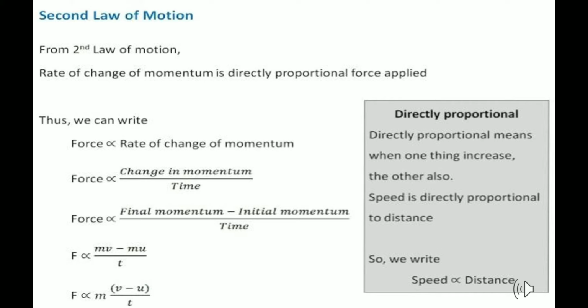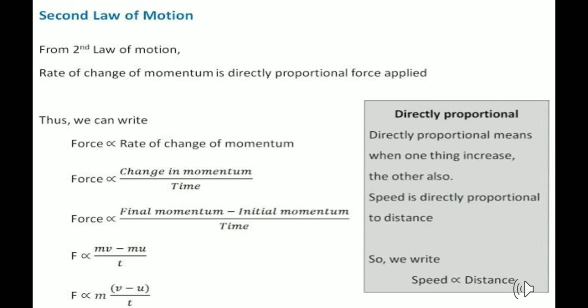Okay, so force is directly proportional to mass into final velocity minus mass into initial velocity upon time interval. So force is directly proportional to m multiplied by (v minus u) by t. If you take m common from the above equation, you get m common (v minus u), and then t in the denominator.